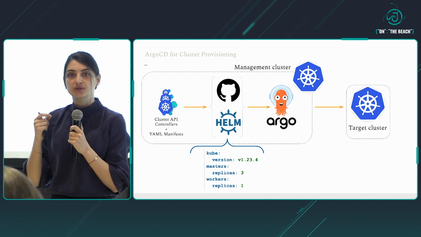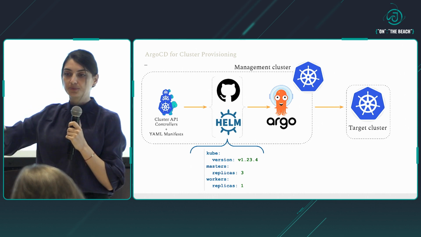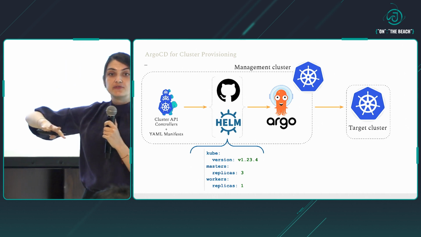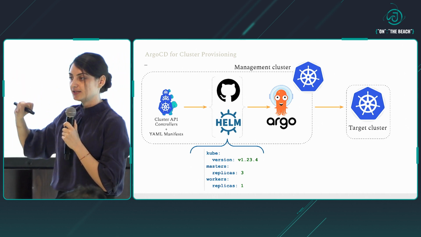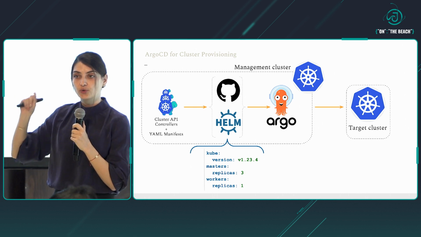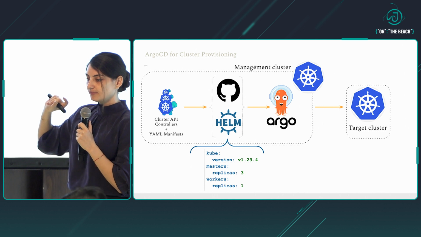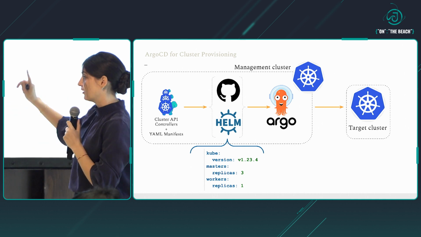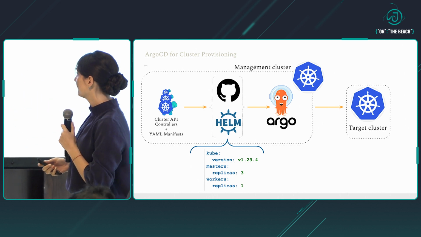So for example, we can use something like a Helm chart or Kustomize to parameterize different variables that we want. So we have those five custom resource definitions. What I chose to parameterize is the Kubernetes version. Here it is going to be 1.23.4. I can choose to parameterize the number of our master and worker nodes. So I'm going to have 3 masters for our control plane and 1 node for our data plane.